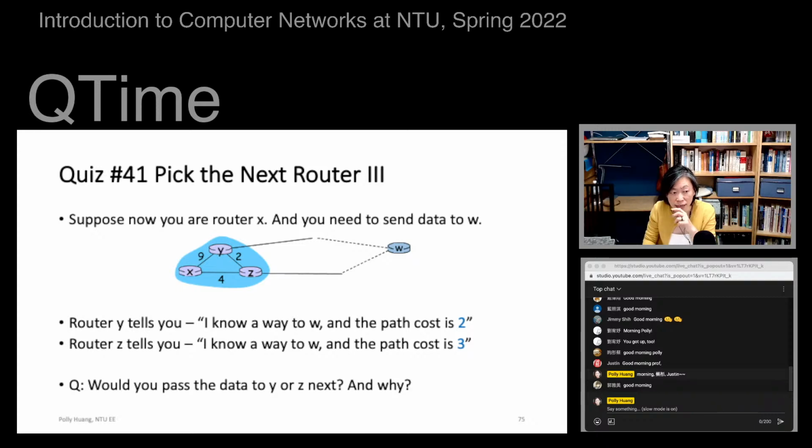Would you pass the data to Y or Z? Again, we still don't know there is a link between Z and Y.